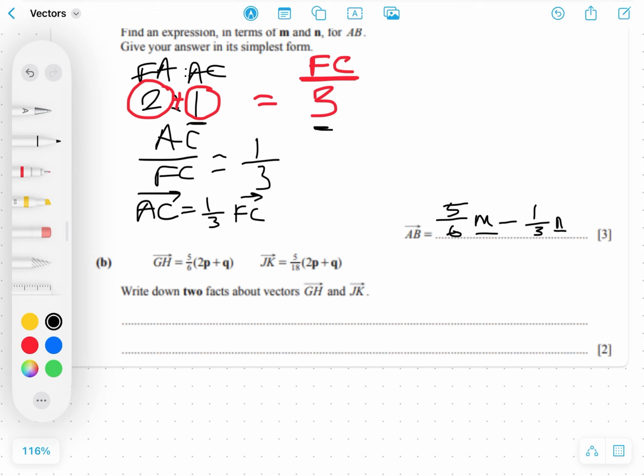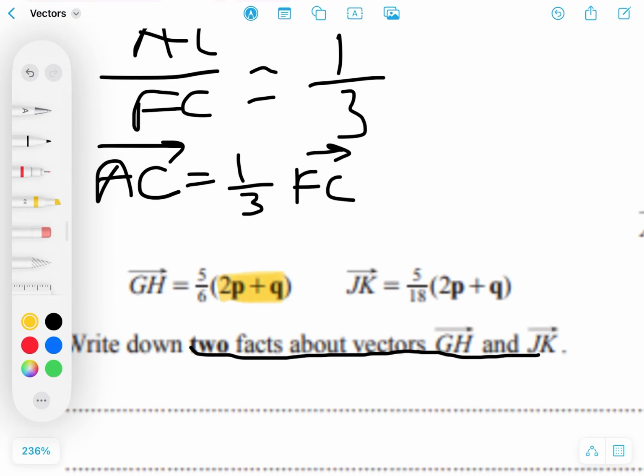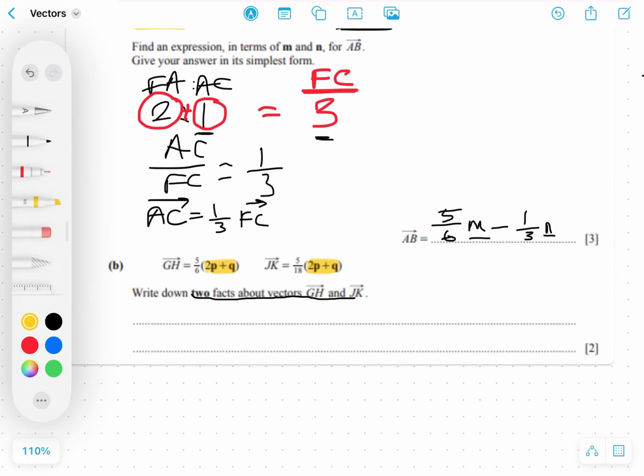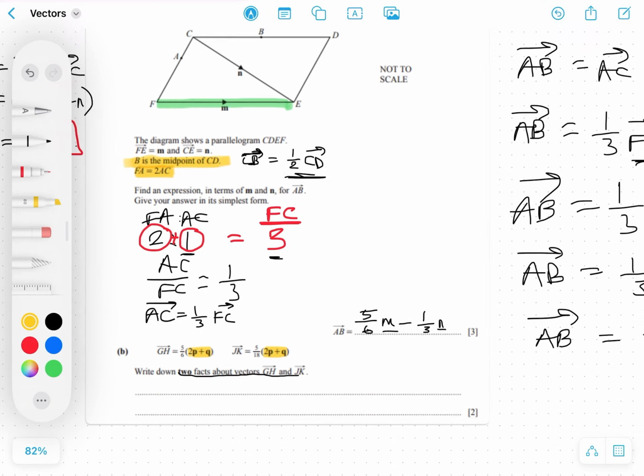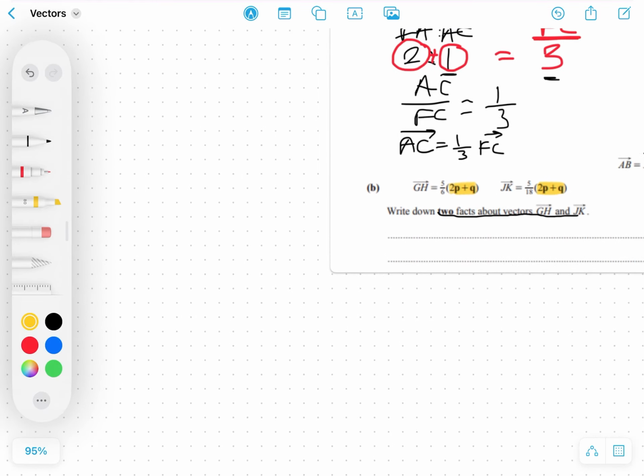And the next question is, we're given two different vectors, and we're asked to write down 2 facts about these vectors. So what we firstly notice is that they both are some fraction of the vector 2p plus q. Therefore, if they both have the same vector 2p plus q, let's represent it visually.